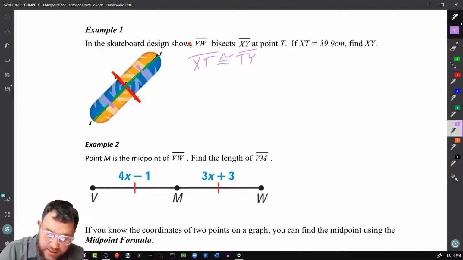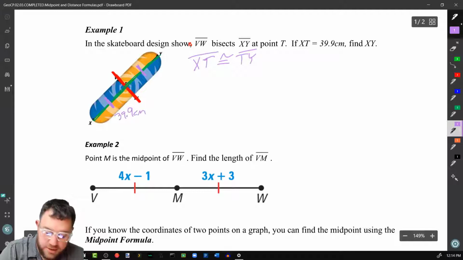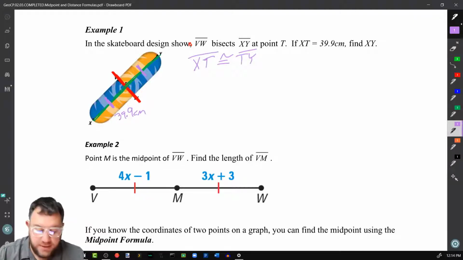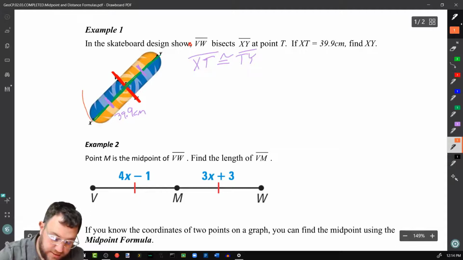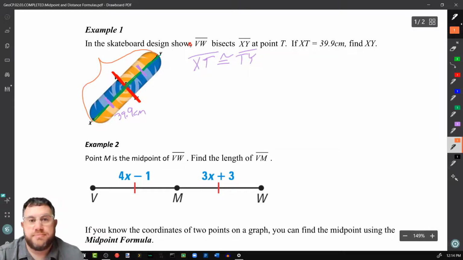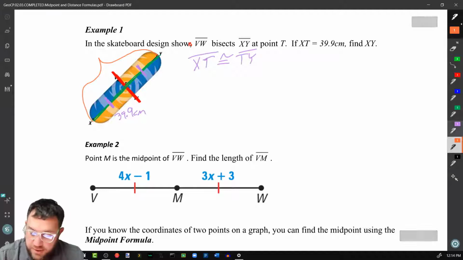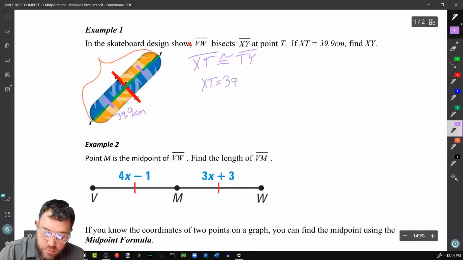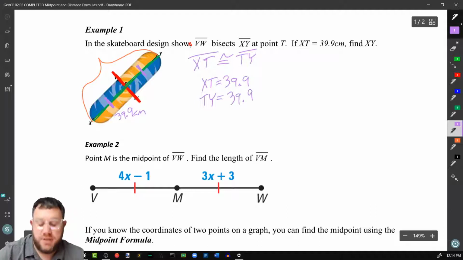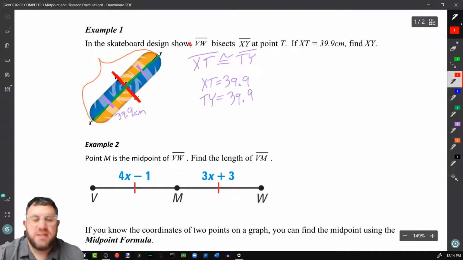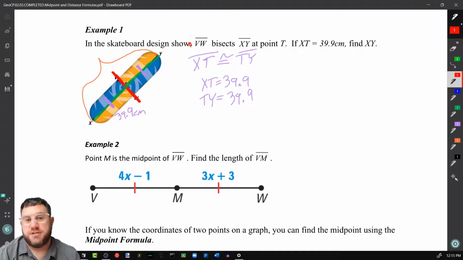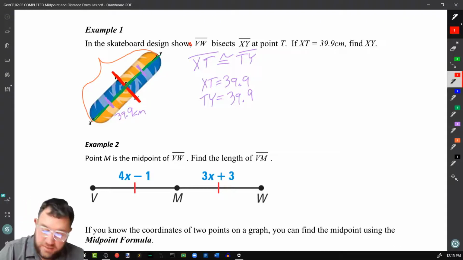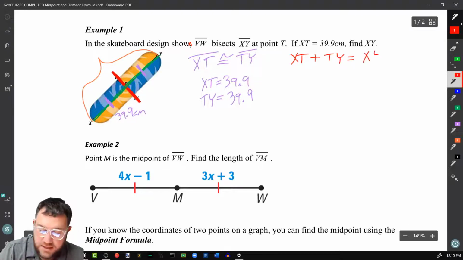So if XT is 39.9 centimeters, find XY. Now, XY is this whole thing. So if XT is 39.9, we know that TY is also 39.9. Then we can go back and use the segment addition postulate that we learned last time, and we could say that XT plus TY equals XY.